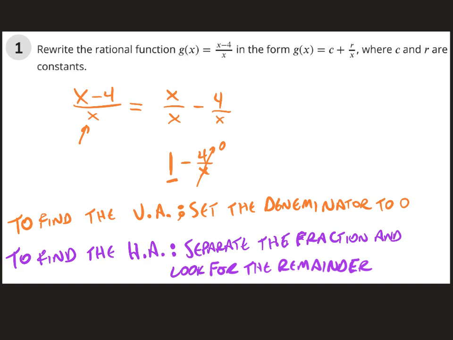Now, in this lesson, we are going to get constant. So when y equals a constant, if this is our remainder, 1, then you get a horizontal asymptote. So for this lesson, we're going to get horizontal asymptotes because our remainders are going to be constants.